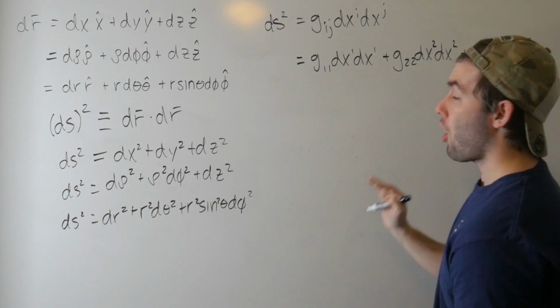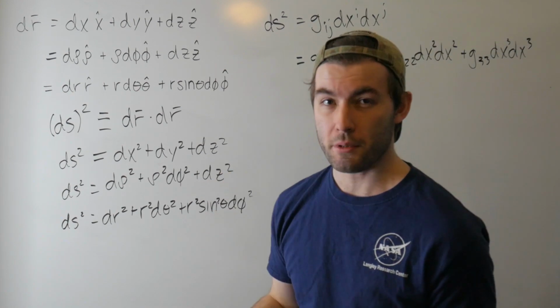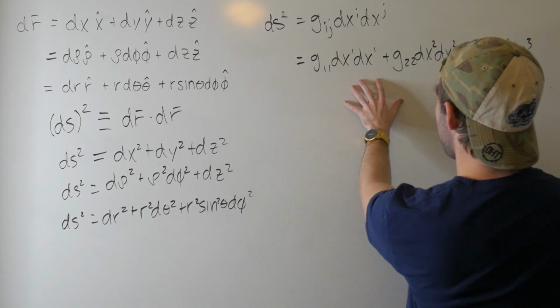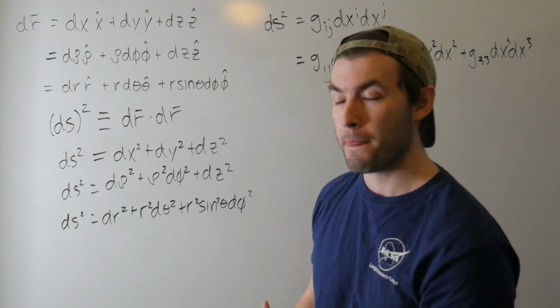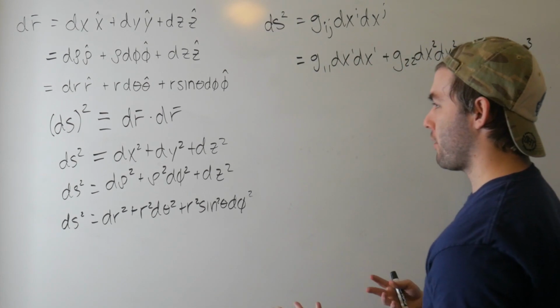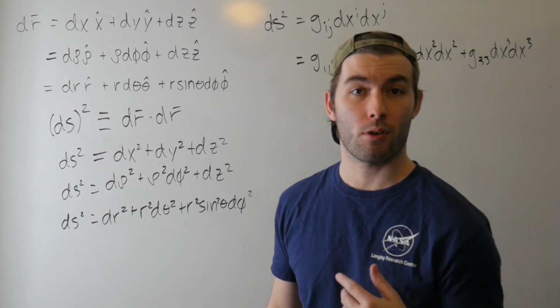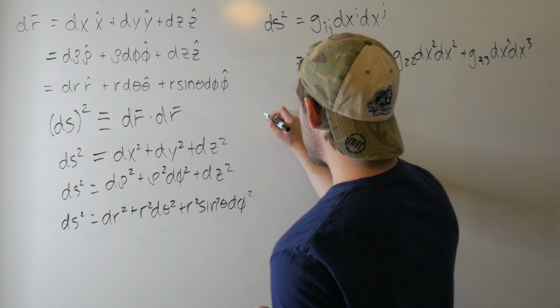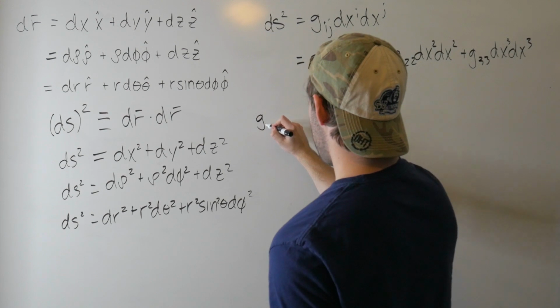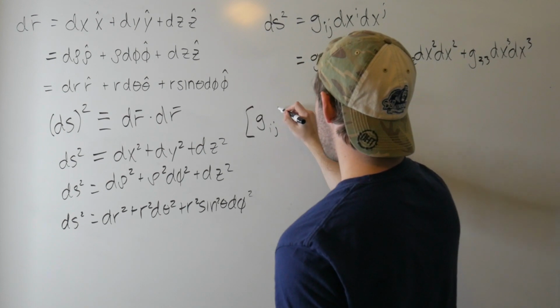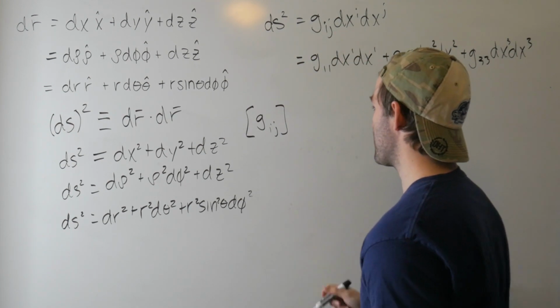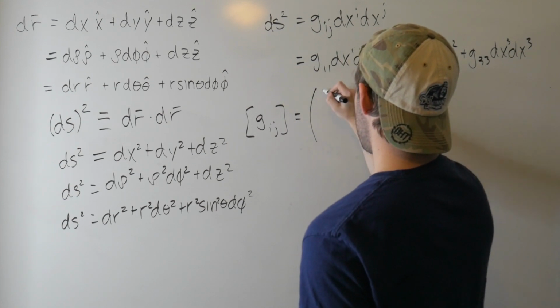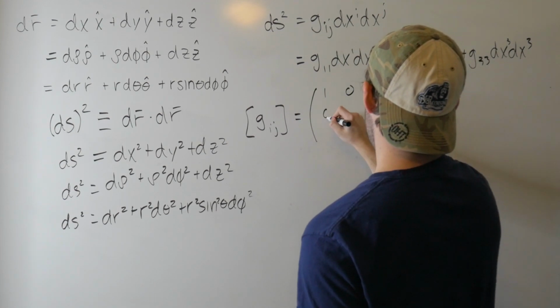You can write out all of the other terms as well, there's nothing stopping you from doing that. All that I'm getting at is that all of the other terms are just 0. And the reason for this, let's do the metric tensor for Cartesian coordinates, the simplest one. This is the one where we need nothing changed, so we would say that the matrix representation g_ij in Cartesian coordinates is equal to just the Kronecker delta.